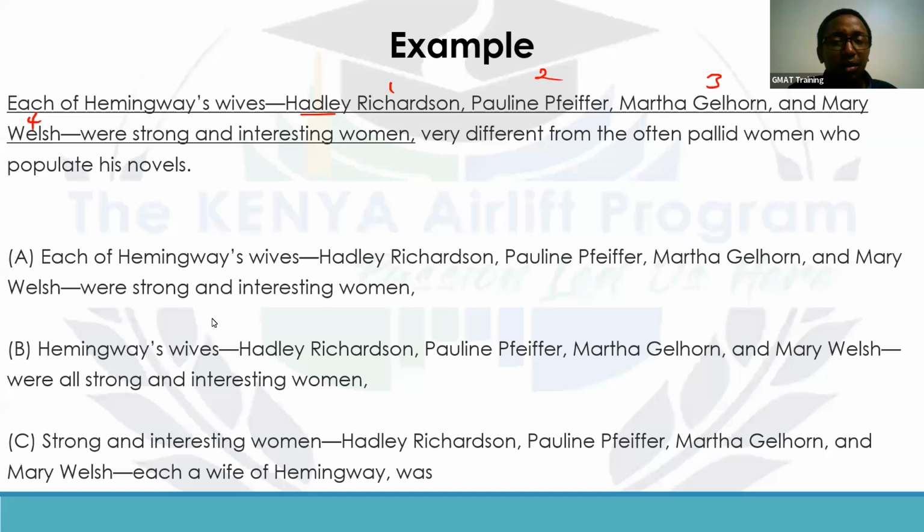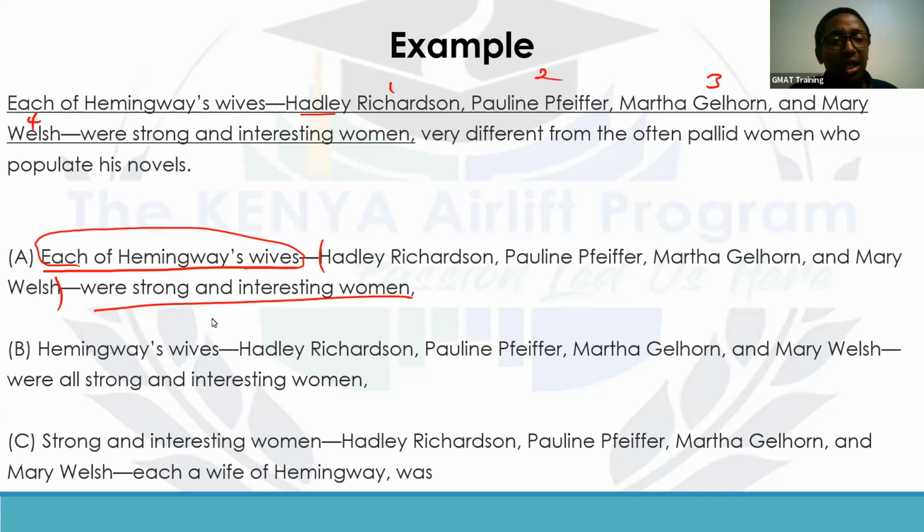But looking now at the grammatical aspect, so each of Hemingway's wives were strong and interesting women. So remember now, this is just giving more information. So our subject is here. If it was Hadley, Pauline, Martha, and Mary were strong and interesting women, that would be okay.